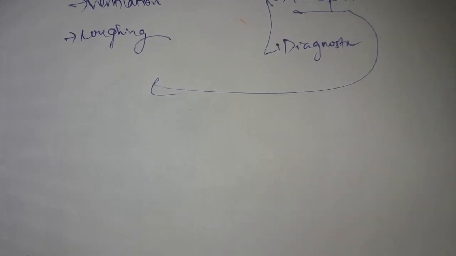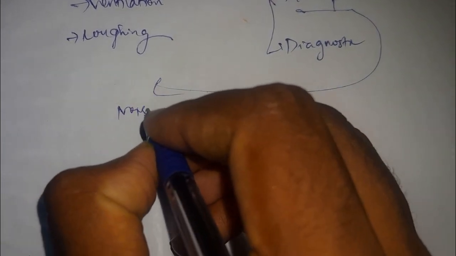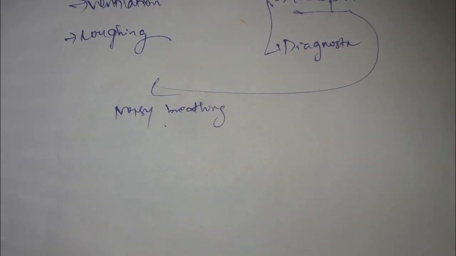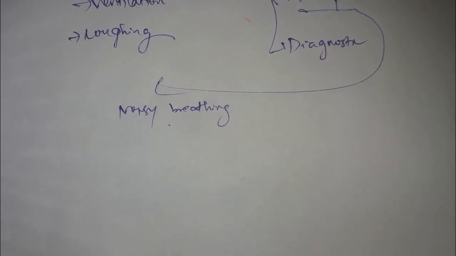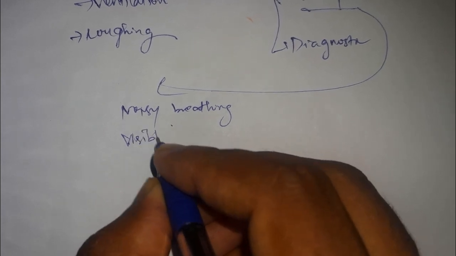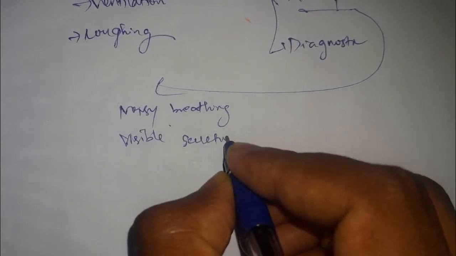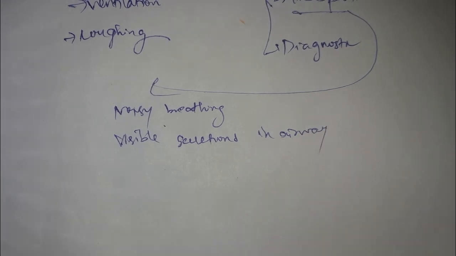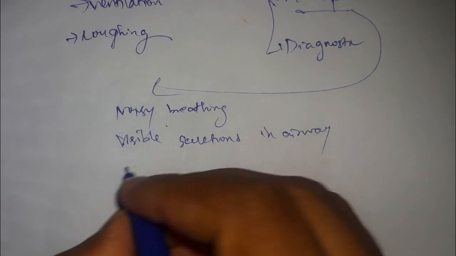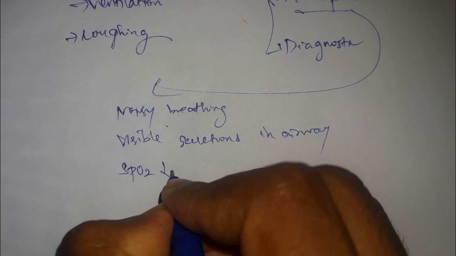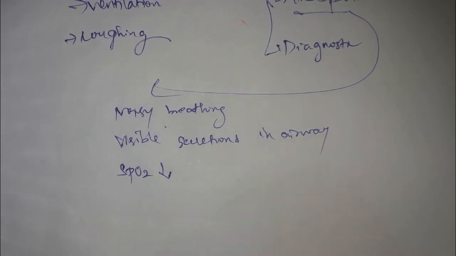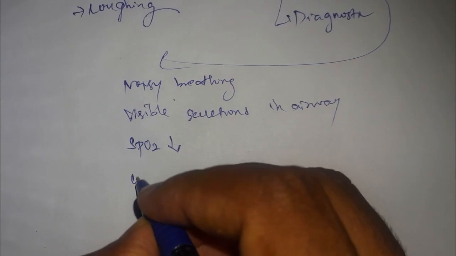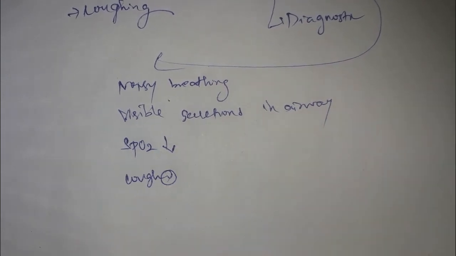If the person has noisy breathing, on the ventilator or without the ventilator, and visible secretion in the airway, when we look into the nose we can notice something is there. Also a decreased SpO2 on the pulse oximeter, and the person is unable to generate a cough. They can't produce the cough.